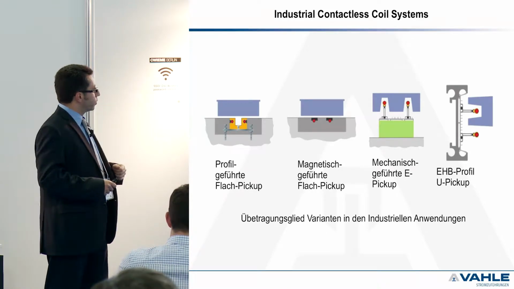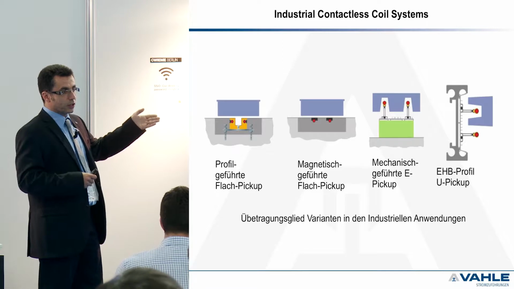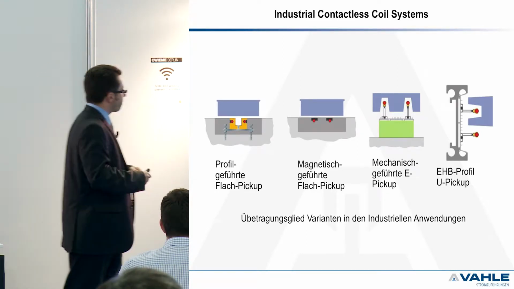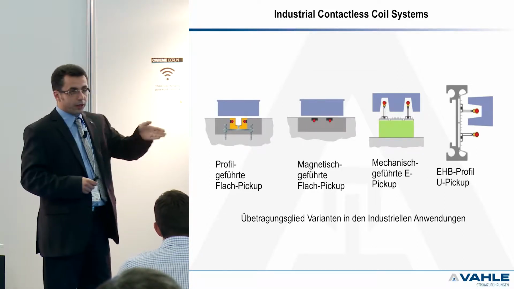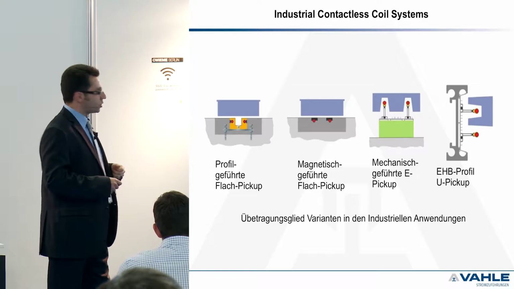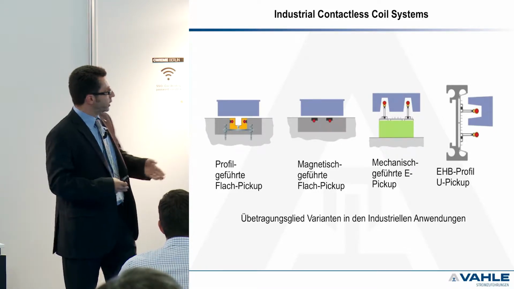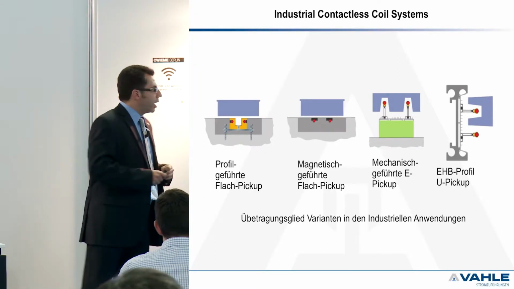These are products you may buy, existing since the 90s. The first one is a pickup guided by a slot, or groove, in the ground. The second one is a magnetically guided flat pickup. I'm going to show how it works later on.